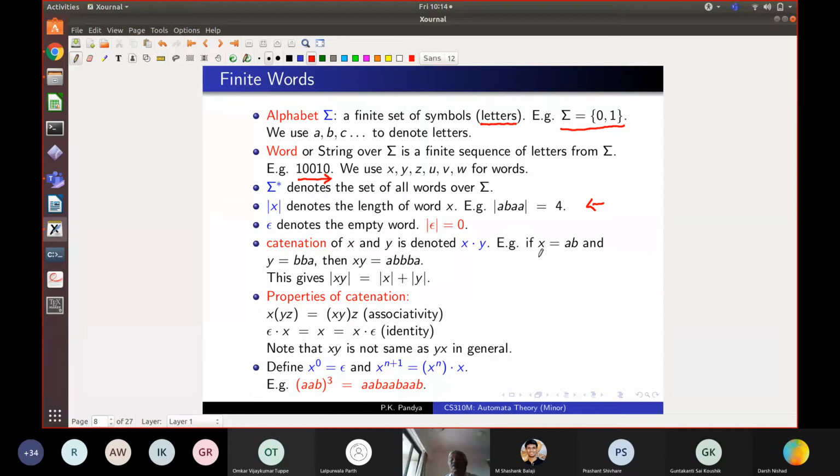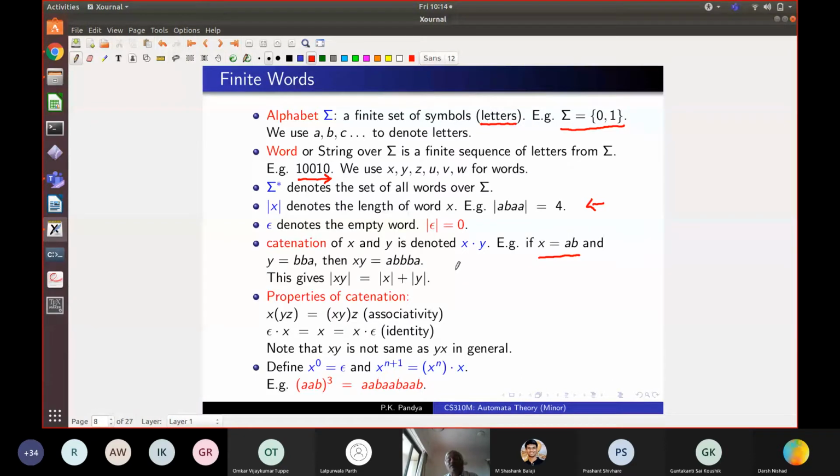So we will see that. So suppose my word x is AB, okay, and my word y is BBA. Then what is x dot y? X dot y I have simply written as xy, omitting that dot in the middle. You know, it will be the word. You first write down the letters of x, which is AB, and then follow it up with the letters of y, BBA. So you get a word which is obtained by catenating y at the end of x. It's a simple concept, right? But important.